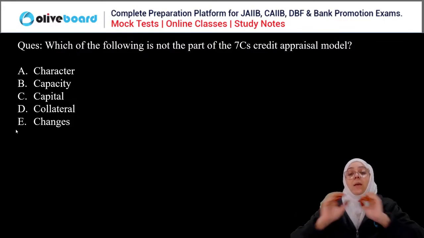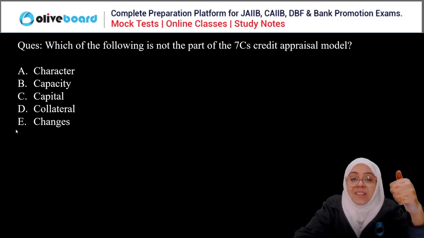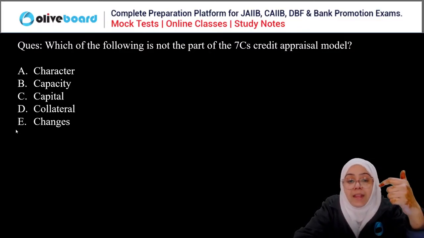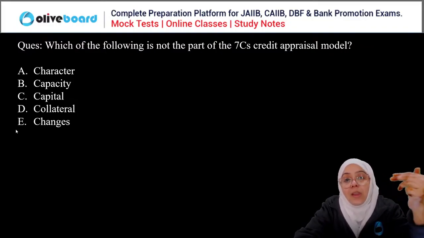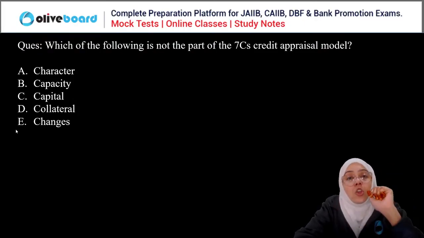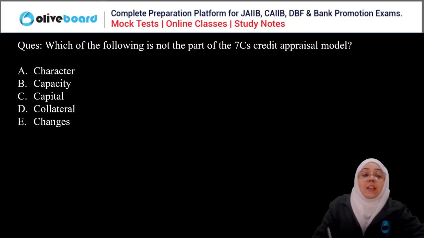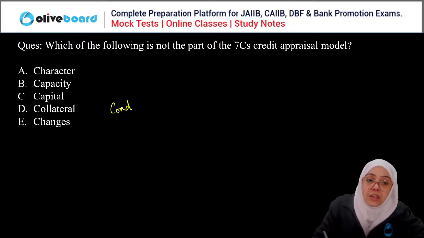Okay, so when we are talking about the 7 C's, right? Those 7 C's include character, true. Capacity, true. Capital, true. Collateral, true. Changes, no. No changes. Conditions, cash flow, and credit worthiness.